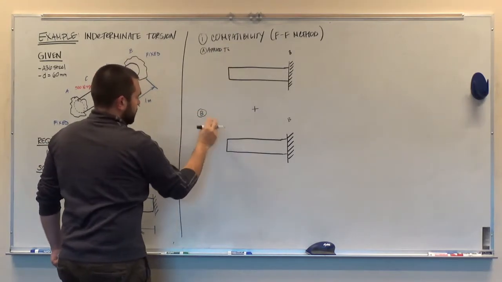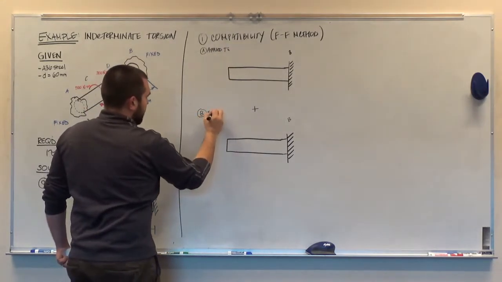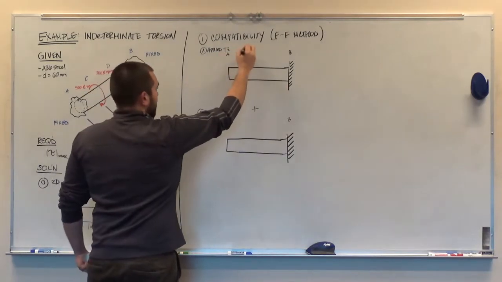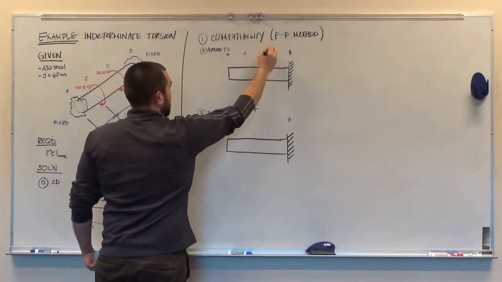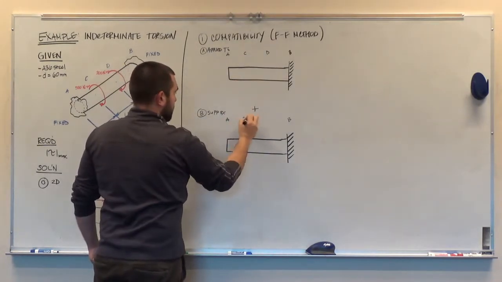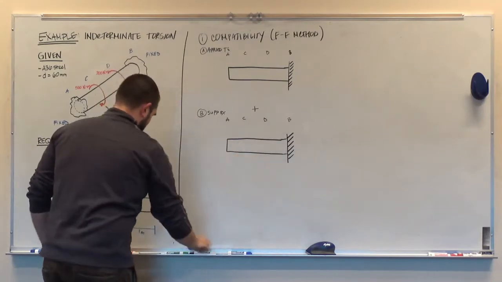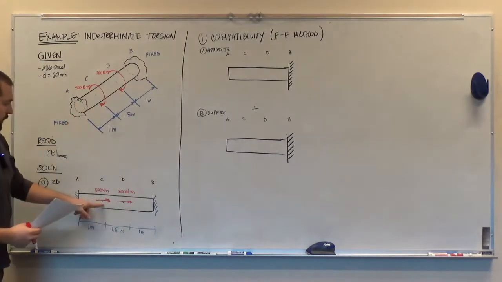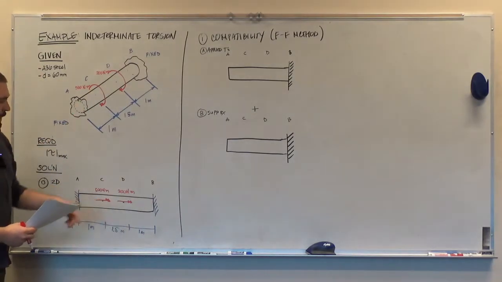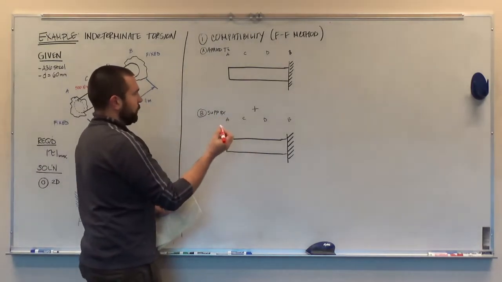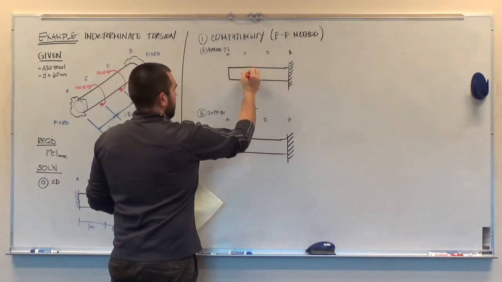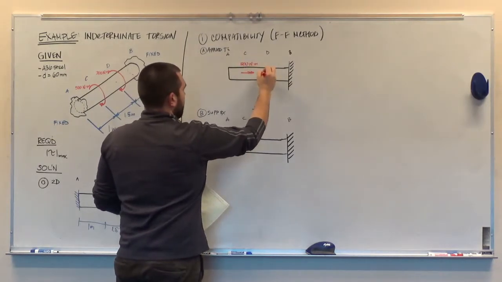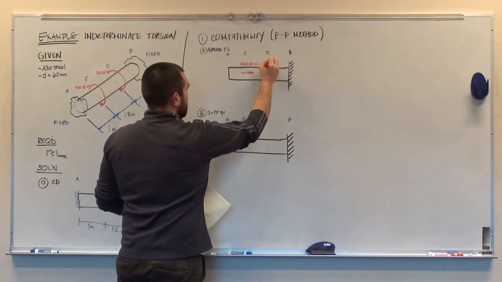And the second investigation of this primary system is going to have the support reaction, the support torque at A. So here's point A. We have C, D, and B. A, C, D, and B. And with the first application, we're going to apply these external torques, 500 Newton meters, 200 Newton meters. I'm going to show the torques in red. And so we have 500 Newton meters. We have 200 Newton meters.